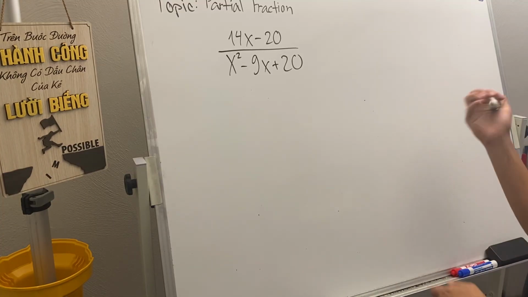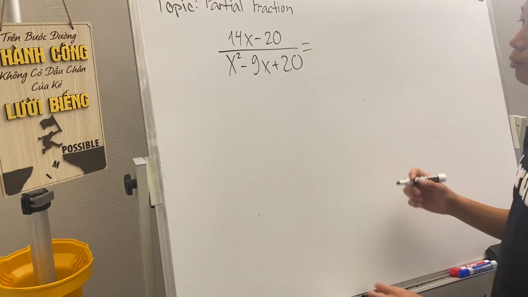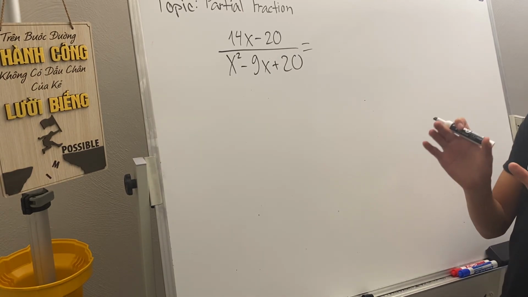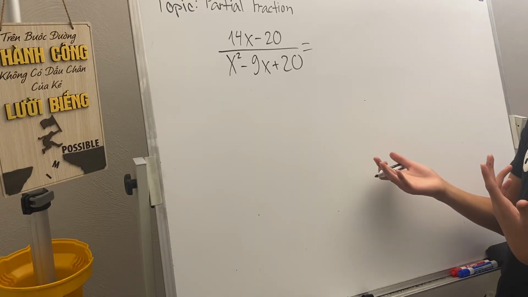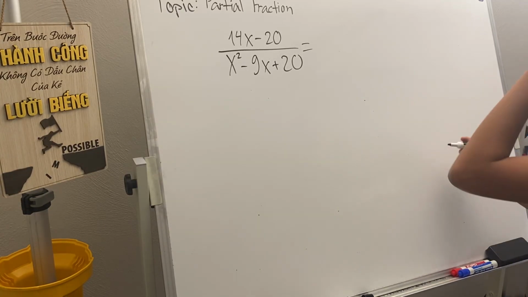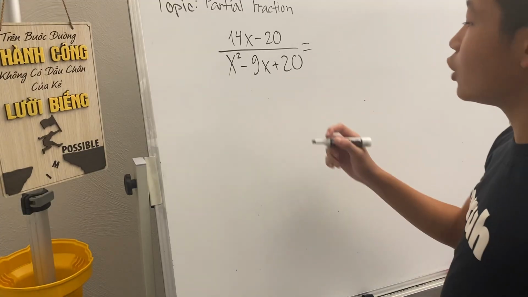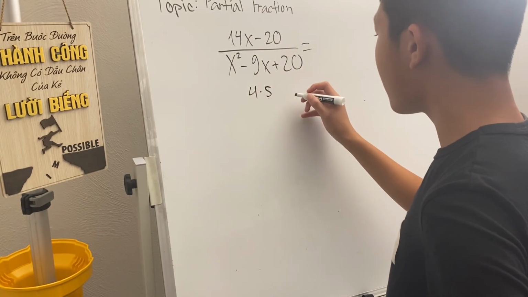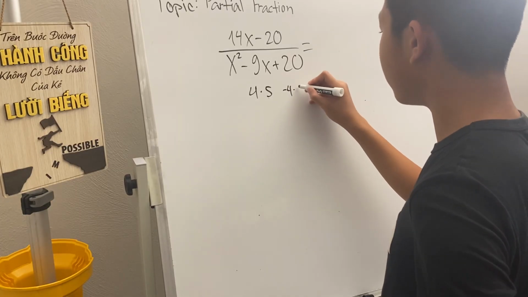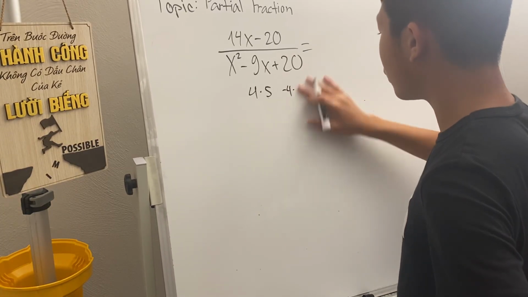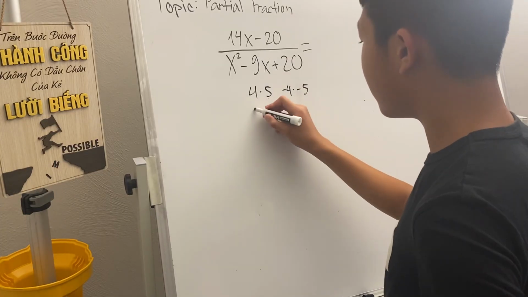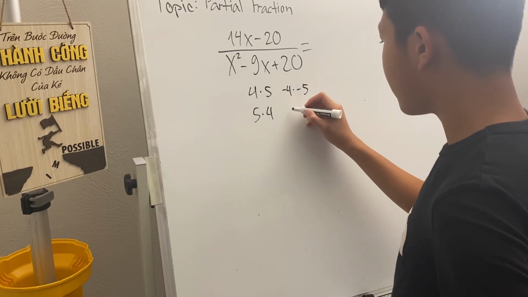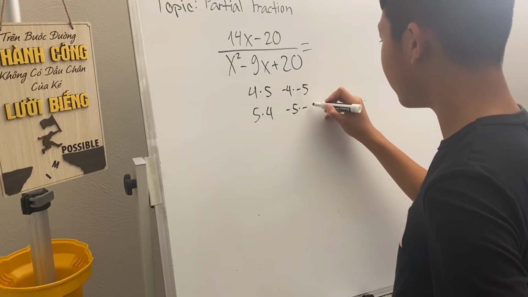Okay, so let's get the common denominator. Well, let's factor it. Factoring this, what times what equals 20? Well, let's see. We got 4 times 5, negative 4 times 5, negative 4 times negative 5, 5 times 4, of course negative 5 times negative 4.